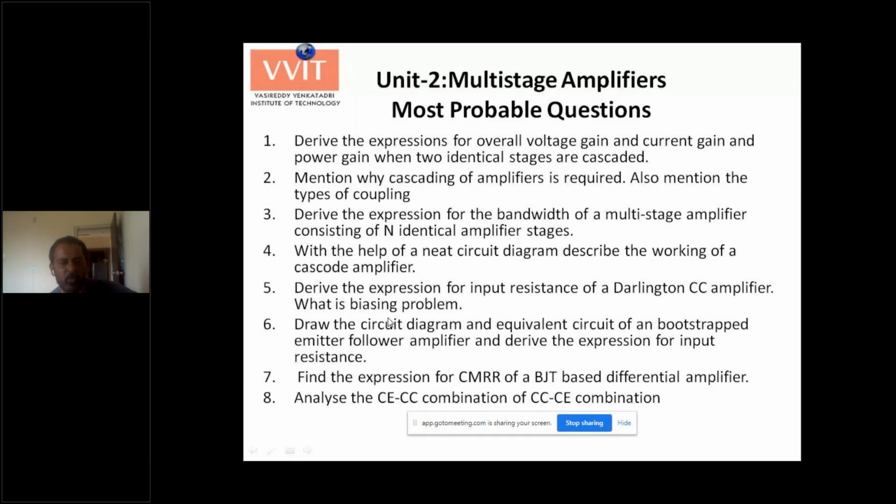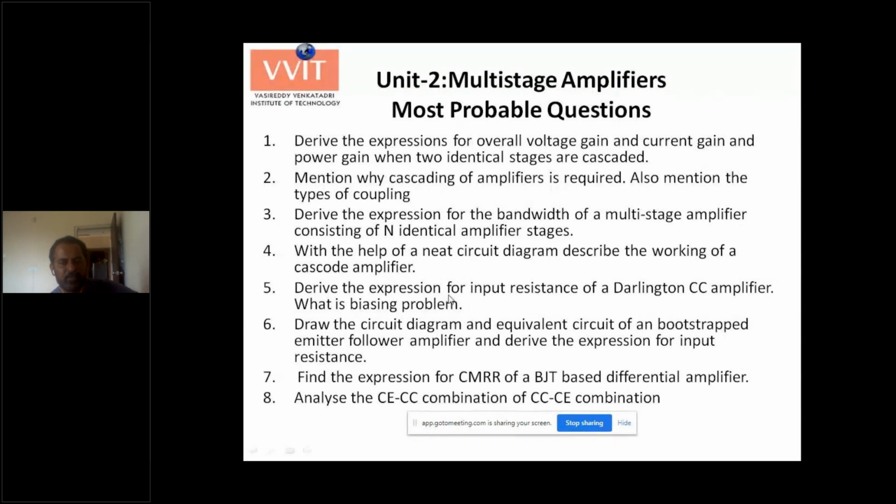You should know what the biasing problem is, what happens because of this problem, and how it causes a serious reduction in the input resistance of the Darlington CC amplifier or CC amplifier because of the biasing network.